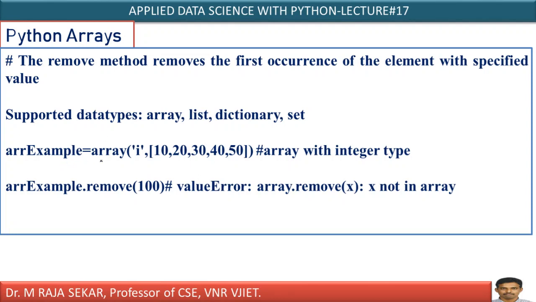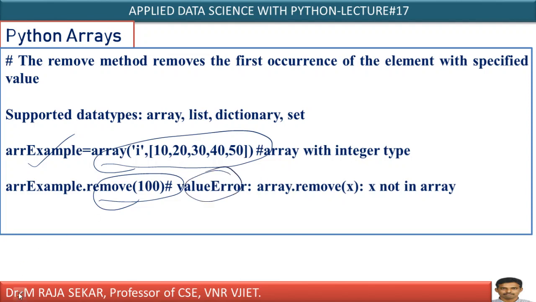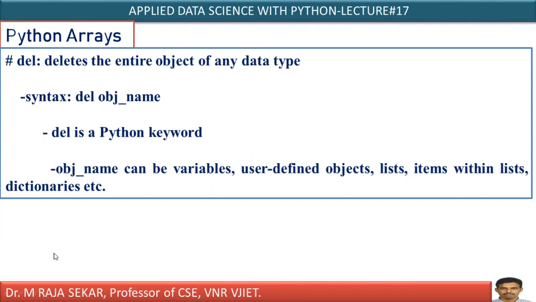Now remove, just see, I have an array whose name is array example. Remove of 100, is it there? It's not there. If you try to remove an element with the help of the remove function, and that particular element does not exist in the array, it will generate an error. That particular error is known as value error. Del is a keyword.